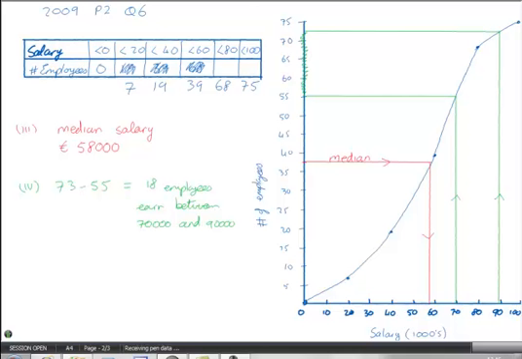So it's 18 out of the total number of employees, which is 75, and to make it a percentage, multiply it by 100. You'll get 24%. And that's the end of the part C question. So now I'm going to go back and I'm going to do the A and the B.